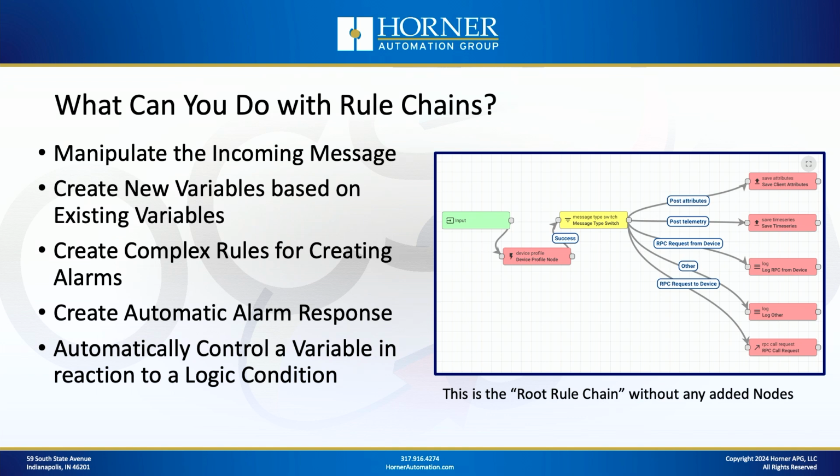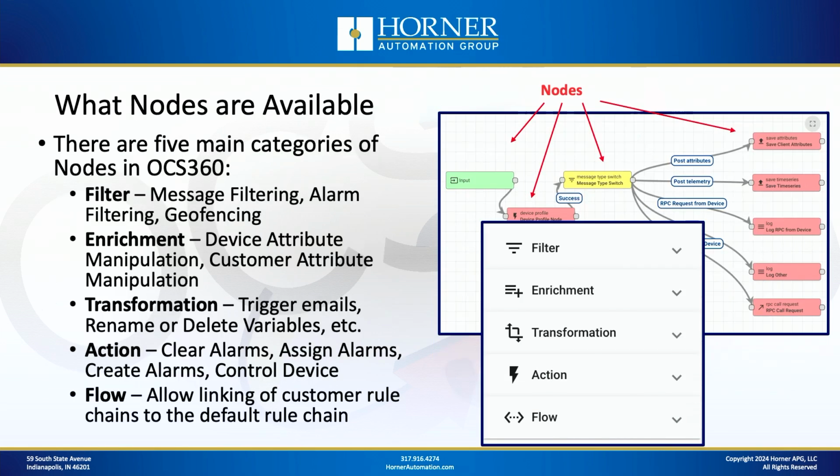So as variables are being pushed to OCS 360, you could have a piece of rule chain logic that detects a specific condition in that variable that's being pushed to the cloud and then reacts to that, maybe even by writing a variable value back down to the controller automatically without having to have human intervention. So there's lots you can do with rule chains. And over the months to come, we're going to really cover them in more and more detail.